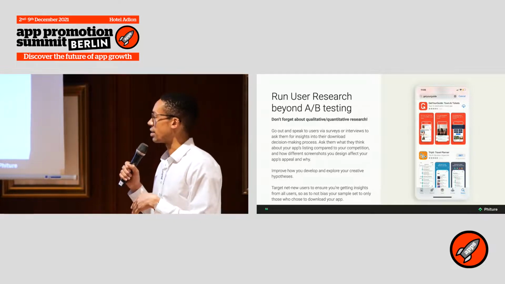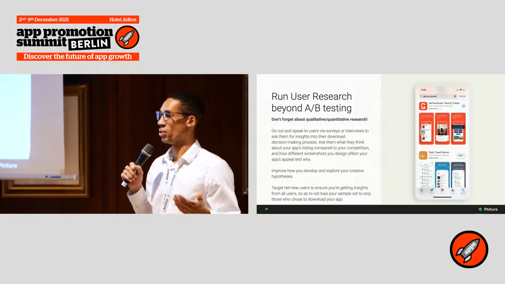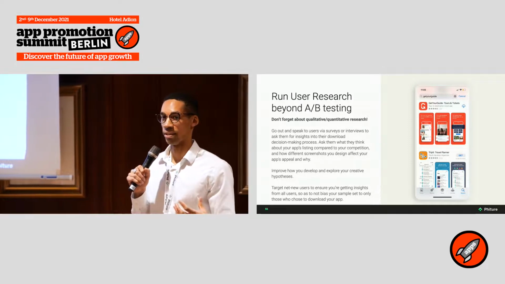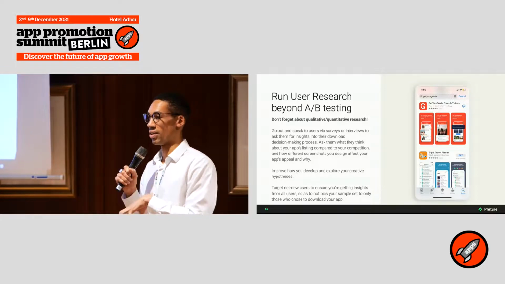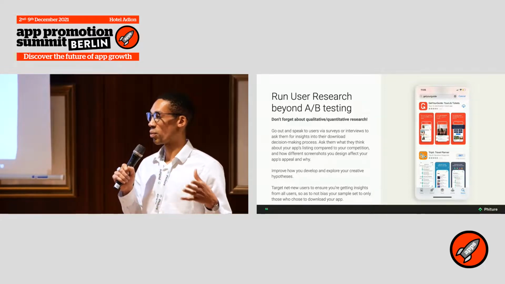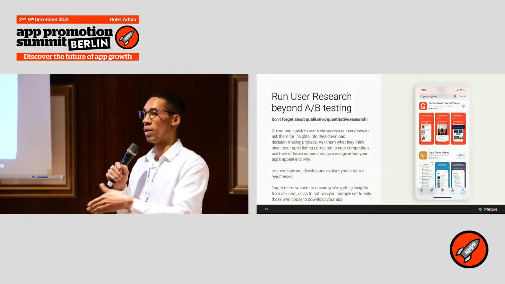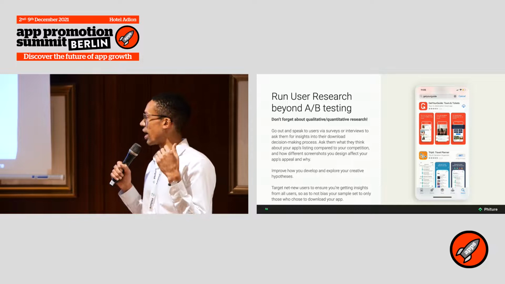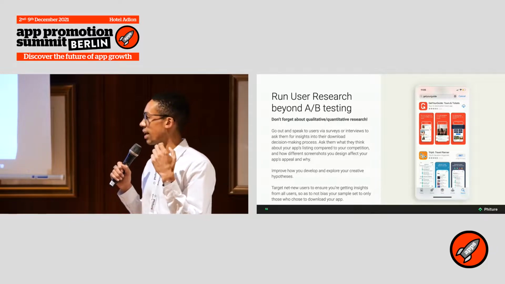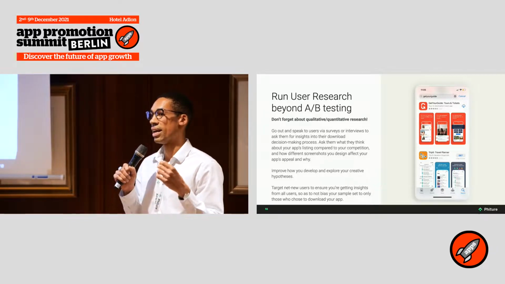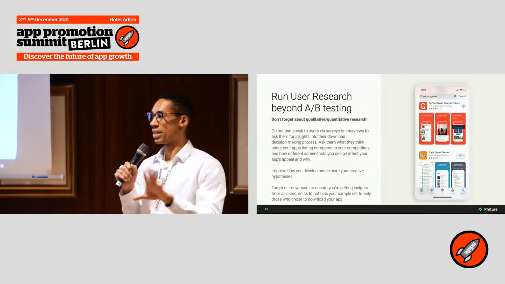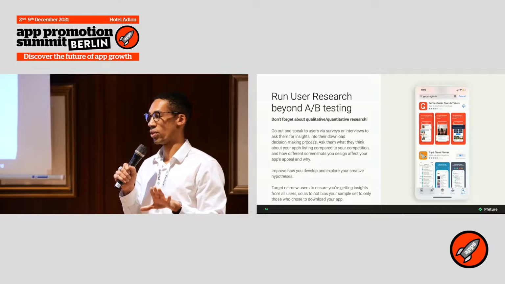In doing this, it's important to make sure that you're targeting net new users, not your existing users. Your existing users have already chosen to download your app, and so if you're only surveying those users, you don't know about the other people that are going with the competition, or maybe not going with any app at all. And so use SurveyMonkey or Nielsen or these different vendors to actually get respondents that are representative of the audience you're trying to capture.